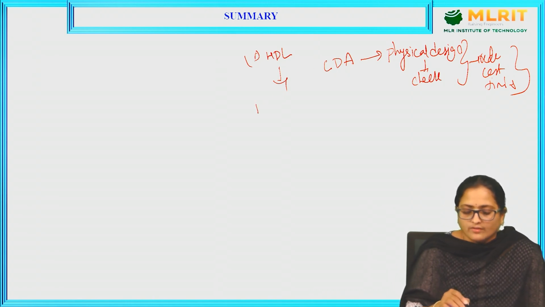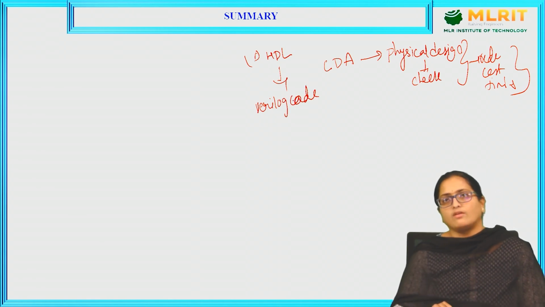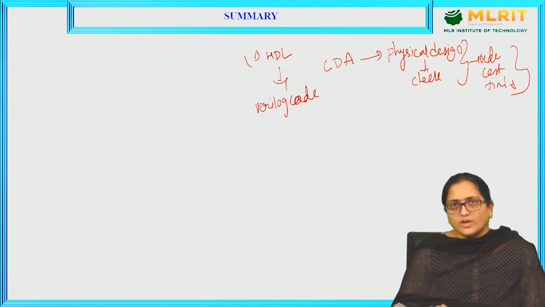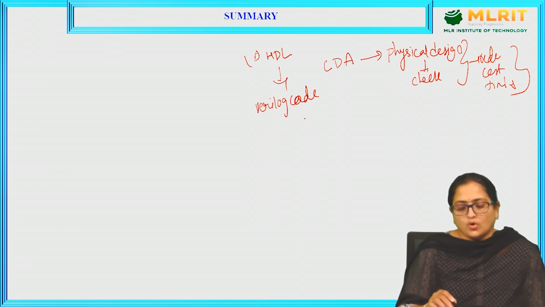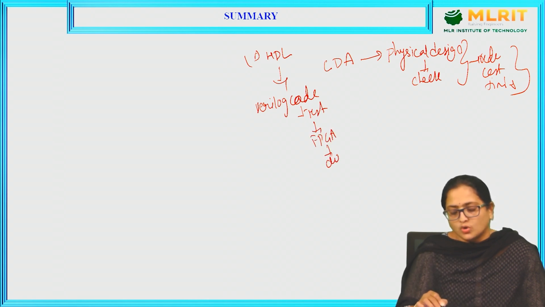First we can write a Verilog code. Not only Verilog code, you can use VHDL code also, but here in our syllabus we have Verilog codes. That is why I am choosing Verilog code. So, you can write a Verilog code, then test it, then dump it into FPGA kits, then check the output.